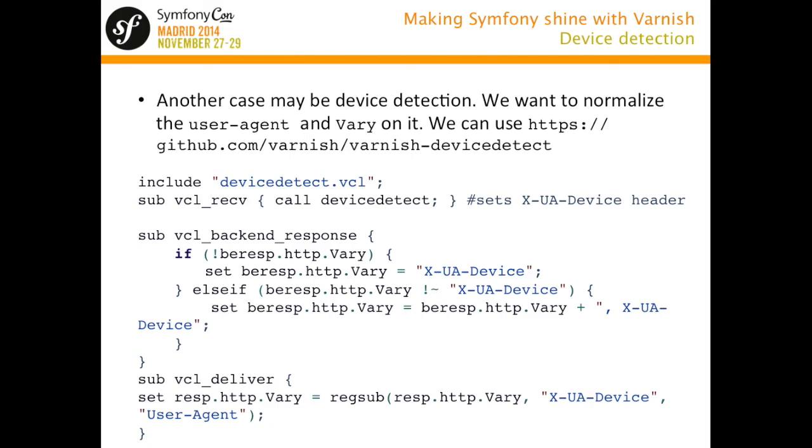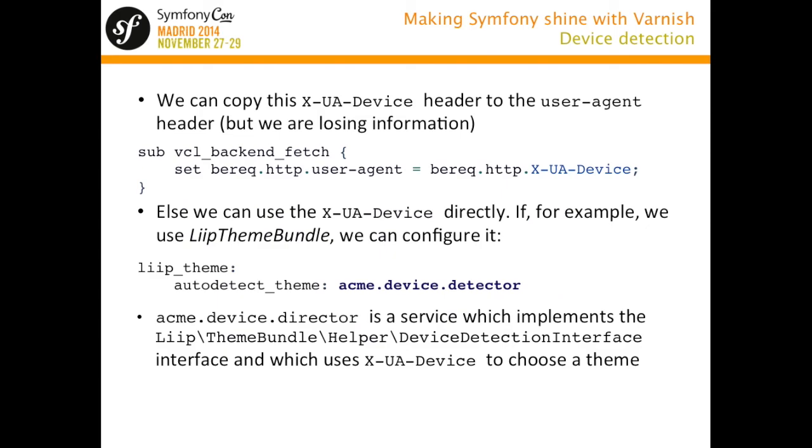Okay, so we have this special X-UA-Device header, and we have to do something about it. One easy way to do it is, when we go to the backend, we copy this special header to the user agent header. That's probably the easiest way to do it. You just convert it into a user agent, and then your code knows how to handle the user agent, and returns a mobile or a desktop version, depending on whatever. The problem here is that we're losing information.